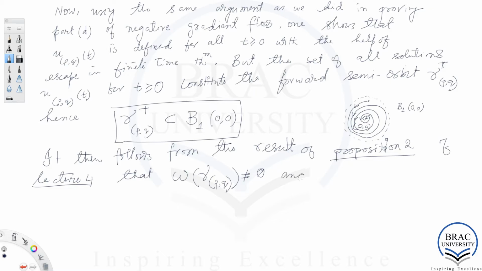And one can also show that the omega limit set is actually contained inside the compact set that contains this forward semi-orbit. The compact set being this, the closure of the underlying open ball centered at the origin of radius r.